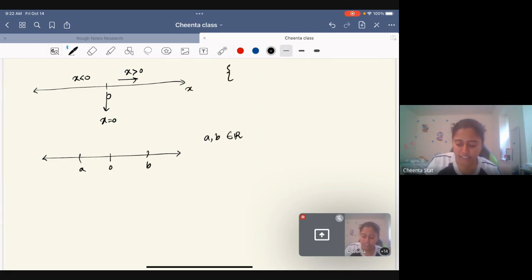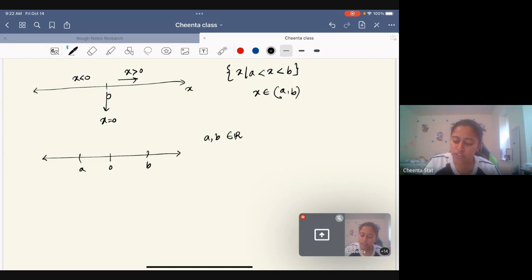So we will write it in set form. Okay. The set of x such that x is in between A and B. Okay. This means that x belongs to the open interval of A and B. x cannot be equal to A or equal to B, but it can take any other values in between A and B. Okay.